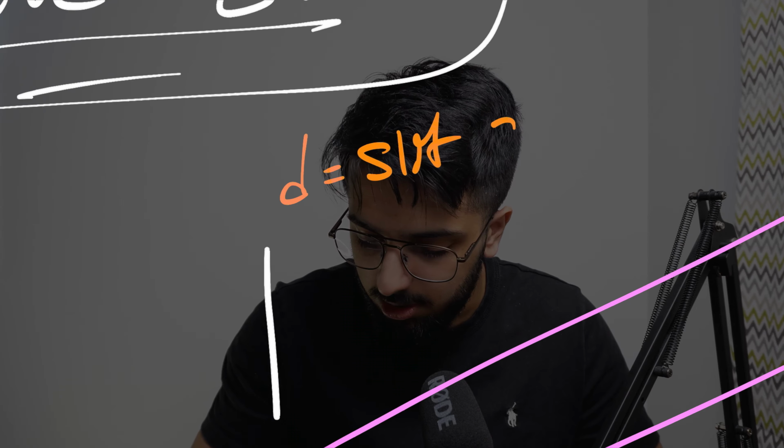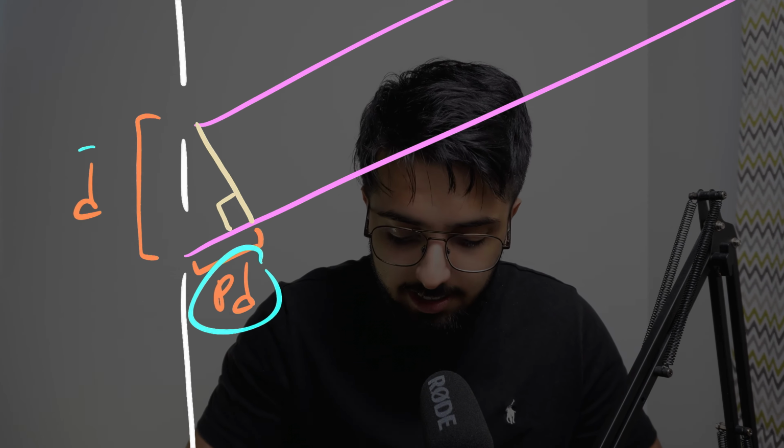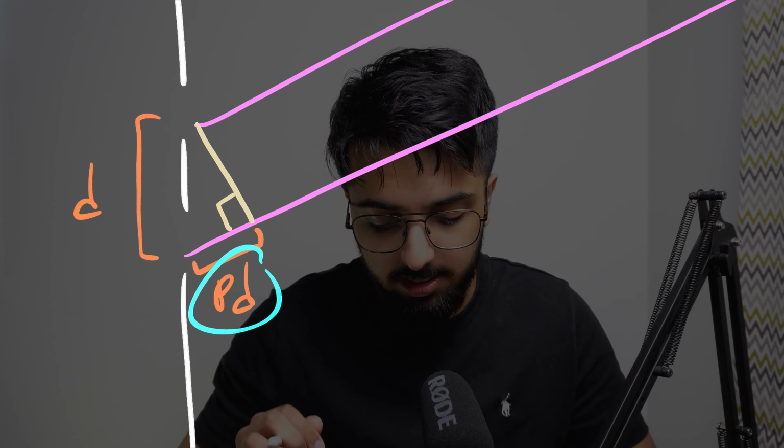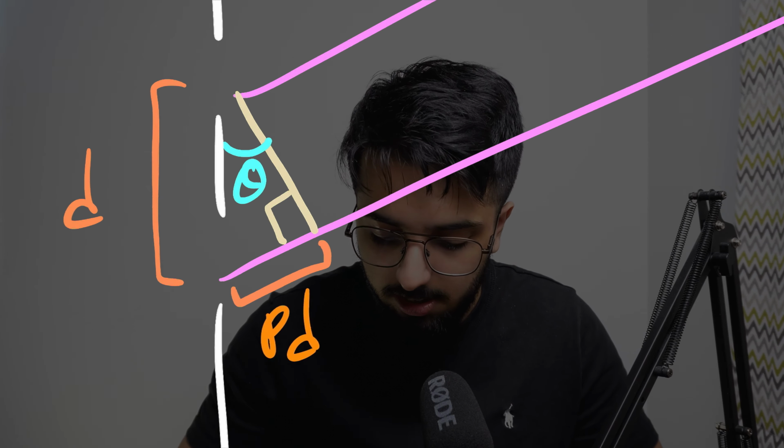And we can also call the slit separation, so the distance between the two slits, d, all right? So d is our slit separation, okay? And so from this, we can make a relationship between the path difference and our d value, our slit separation. So like I said, this is a right angle, so we can make a right angle triangle here and call this angle theta, okay?